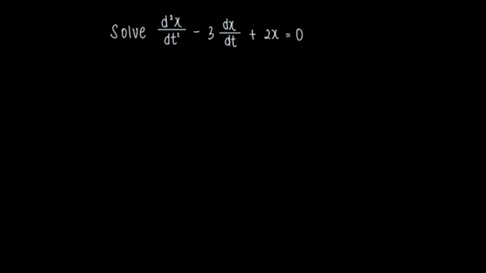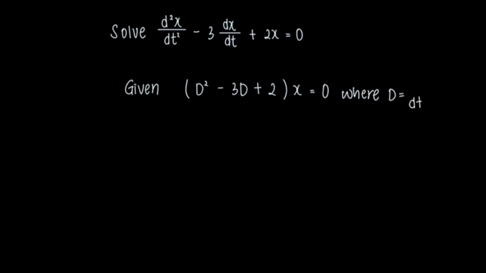How to solve this question? From the question, we know that (D squared minus 3D plus 2)x is equal to 0, where D is equal to d over dt. After that, we know the auxiliary equation is m squared minus 3m plus 2 is equal to 0. Then we need to solve the equation.